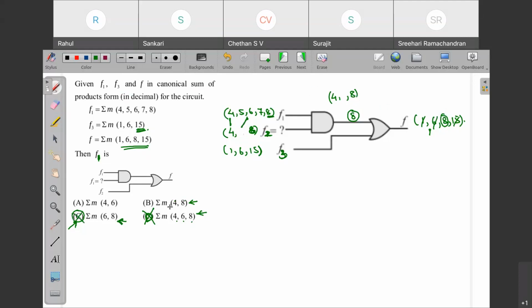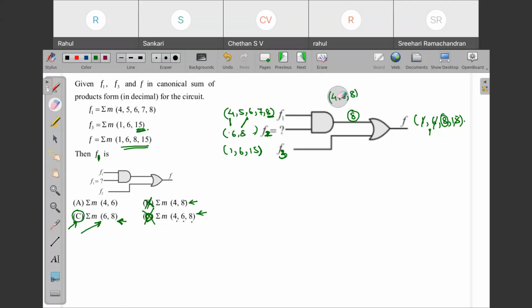Look at option B. Sorry. Option B is also wrong. 4, 8. Now look at option C. It is basically 6, 8. So if you take 6 comma 8, then 6 is present over here, 8 is also present.